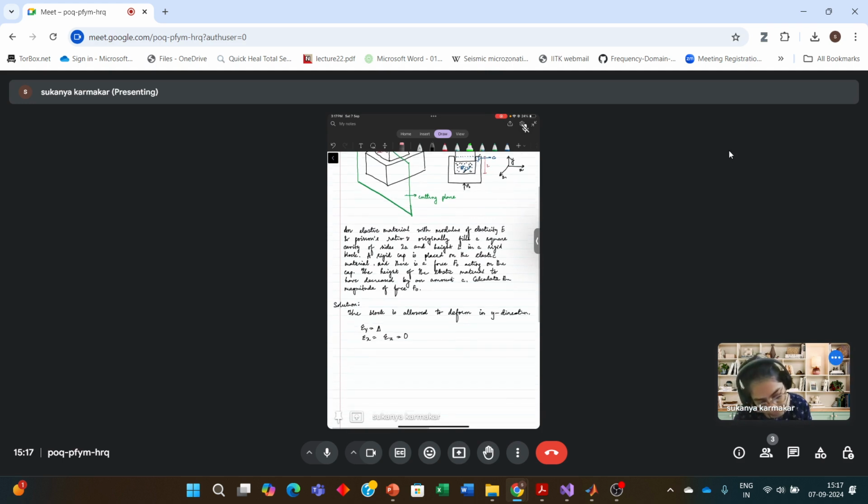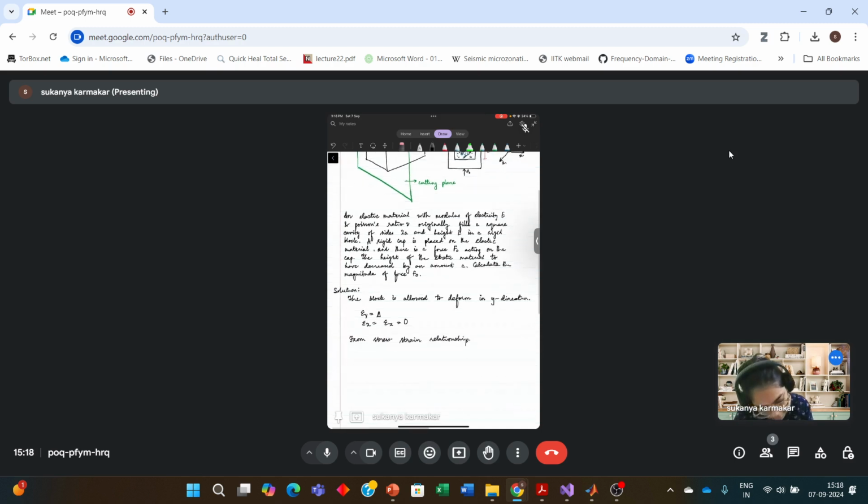Now we know from the stress strain relationship, if I take 1 by E common, epsilon x is 1 by E sigma x minus nu times sigma y plus sigma z.